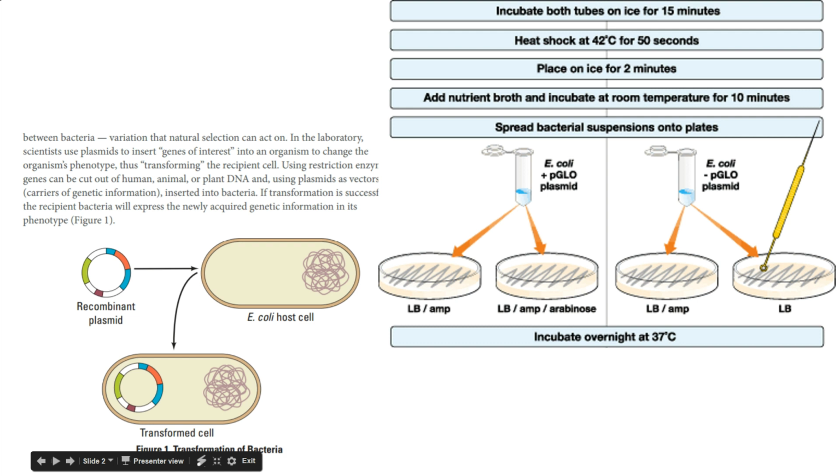Okay, so this lab, this is what we're looking at. We've got an E. coli type of bacteria, Escherichia coli. It's got its chromosomal DNA, a big loop. And what we're going to try to do is take our special recombinant plasmid and get the E. coli to take it up into its cell.